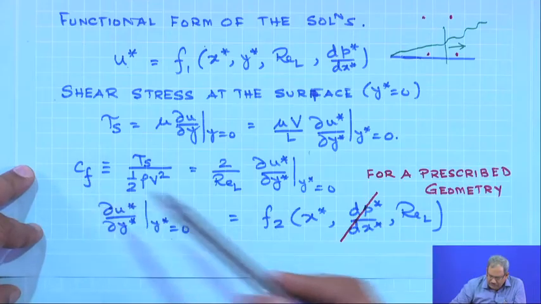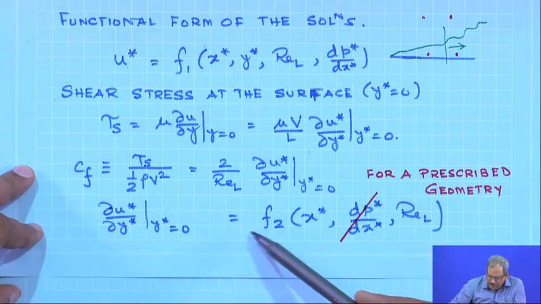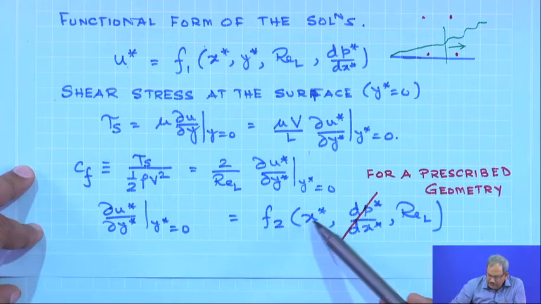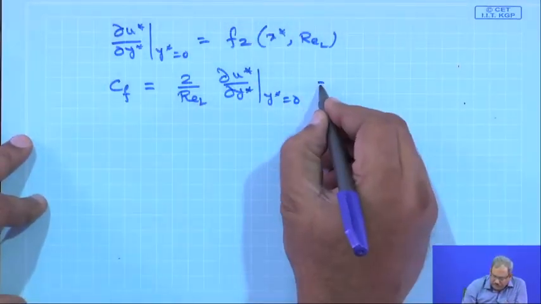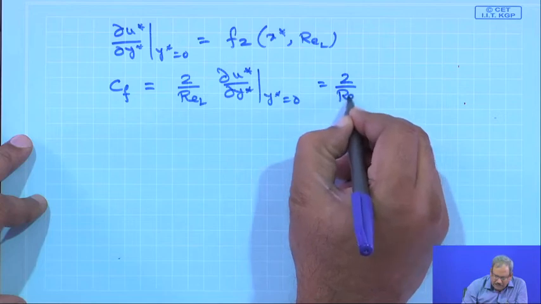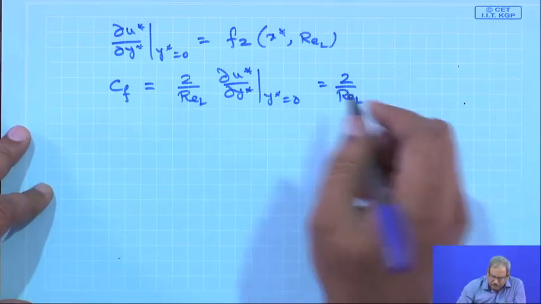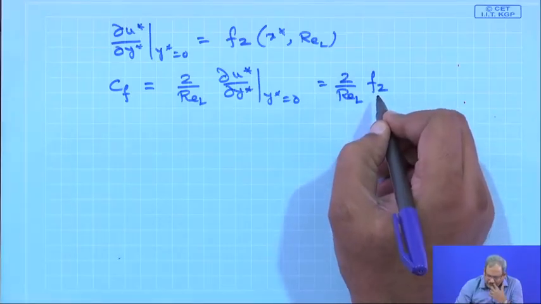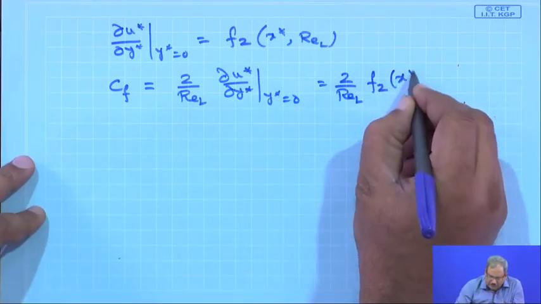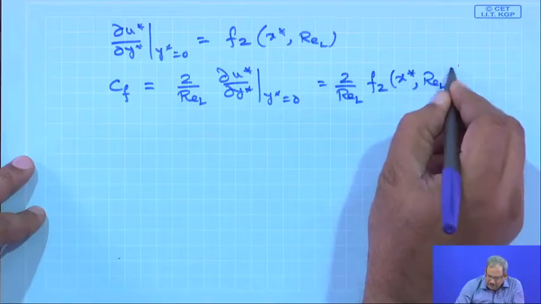So, my CF is simply going to be 2/REL times f2 of x* and REL. So, my CF therefore would be 2/REL times f2, the yet to be evaluated functional form of x* and REL.